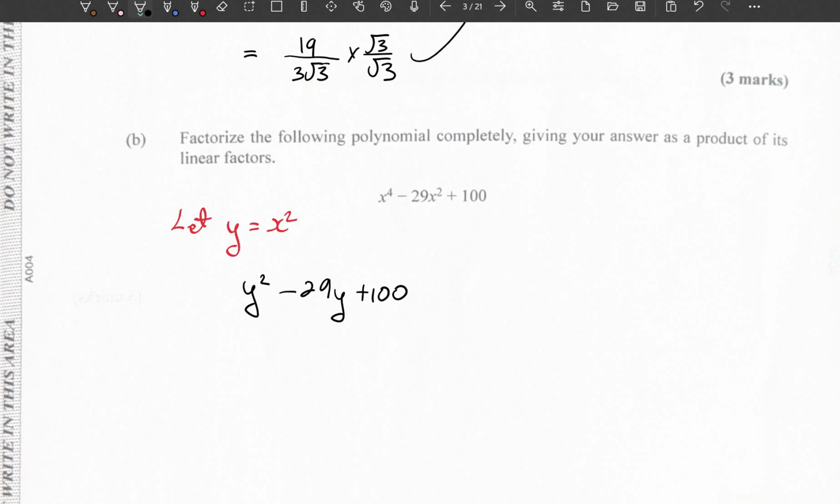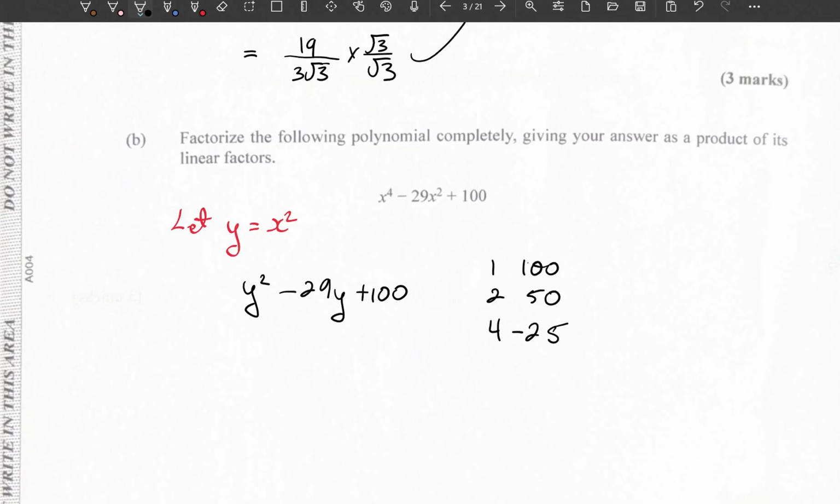Okay, so we could then factorize this quadratic right here. What are the factors of plus 100 that when added together would give us minus 29? We have 1 and 100, we would have 2 and 50, we would have 4 and 25.